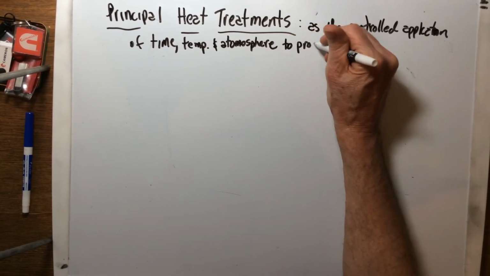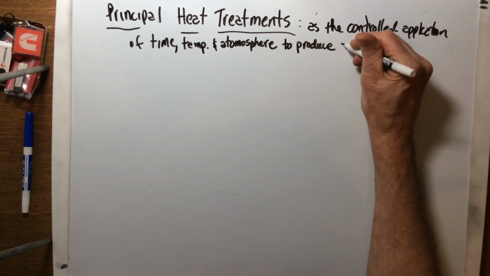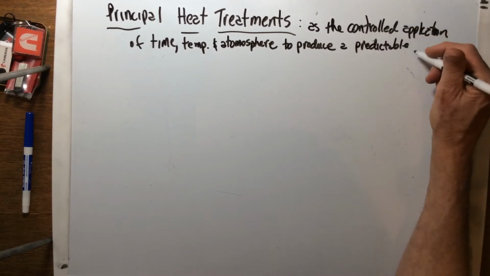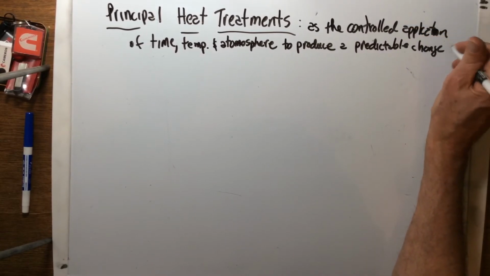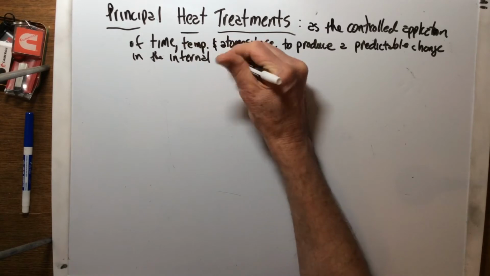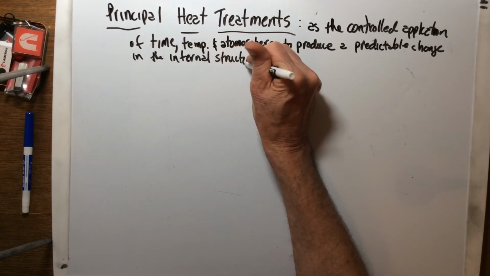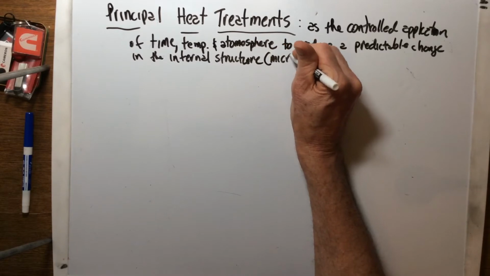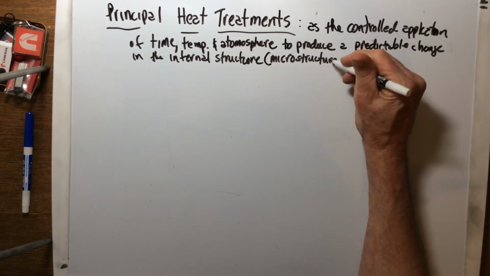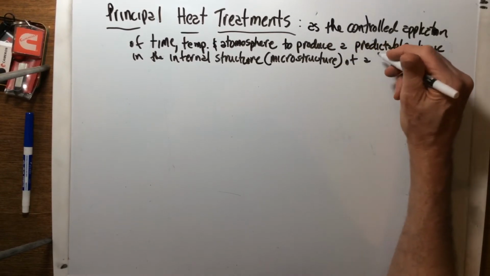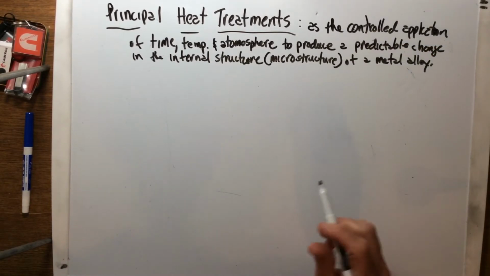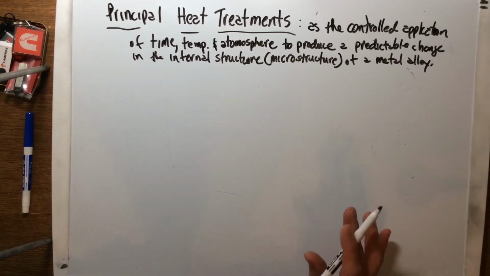To produce a predictable change in the internal structure, what we know to be the microstructure of a metal alloy. Okay, so that's what heat treatment really is.